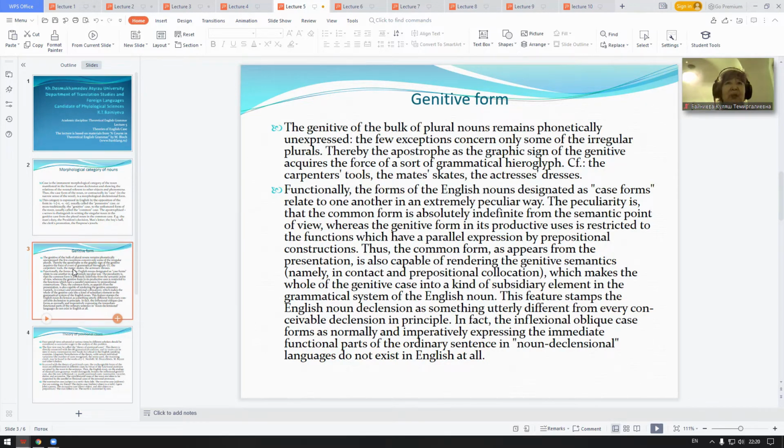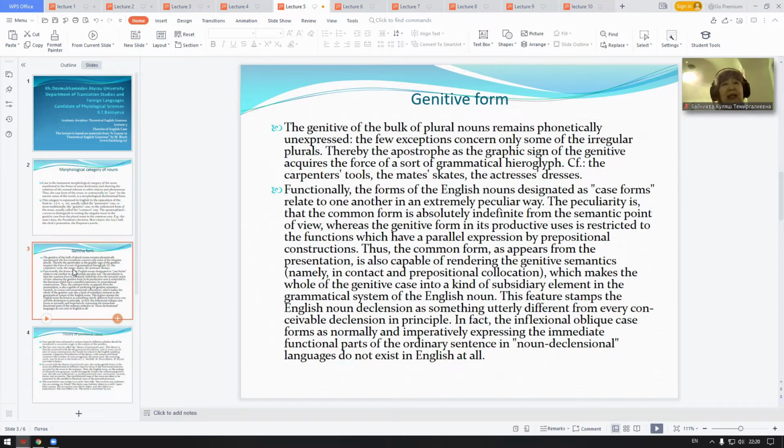Functionally, the forms of the English nouns designated as case forms relate to one another in an extremely peculiar way. The peculiarity is that the common form is absolutely indefinite from the semantic point of view, whereas the genitive form in its productive uses is restricted to the functions which have a parallel expression by prepositional constructions.